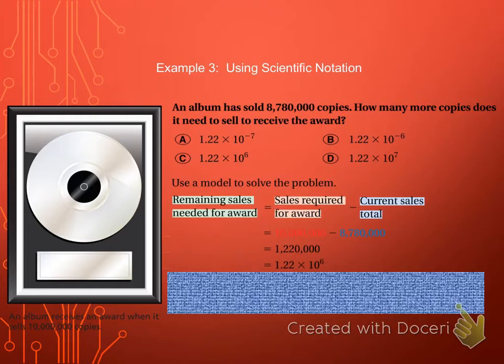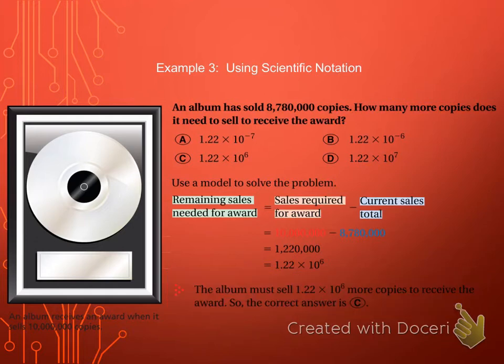And if we're going to write that in scientific notation, remember we want one digit to the left of the decimal, so we're going to get 1.22 times 10 to the 6th. We're moving the decimal point 6 places, and it's a number bigger than 10, so it's going to be a positive exponent. So the album must sell 1.22 times 10 to the 6th more copies to receive the award. So the correct answer is C.